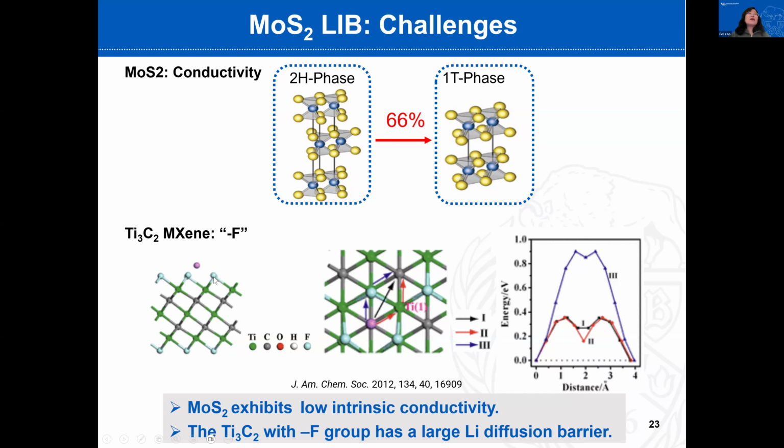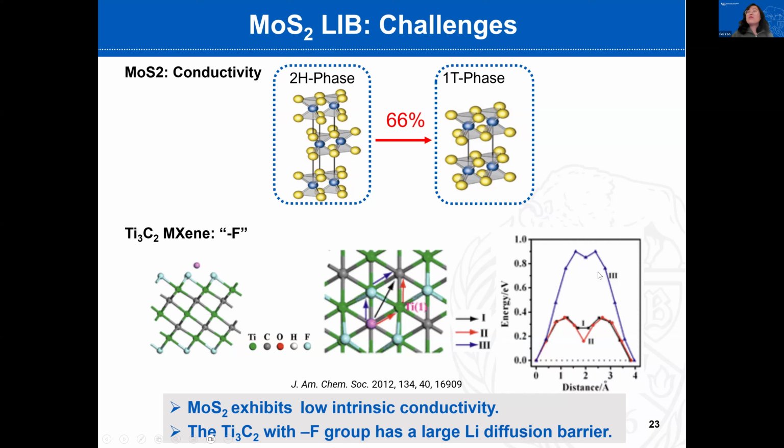And on the other hand, since we introduced MXene to improve the conductivity, we have to consider the surface functional group impact on the lithium diffusion kinetics. So this simple figure shows that the lithium ion can diffuse through the fluorine functional group, or through some other pathways, either from titanium or from carbon, okay?